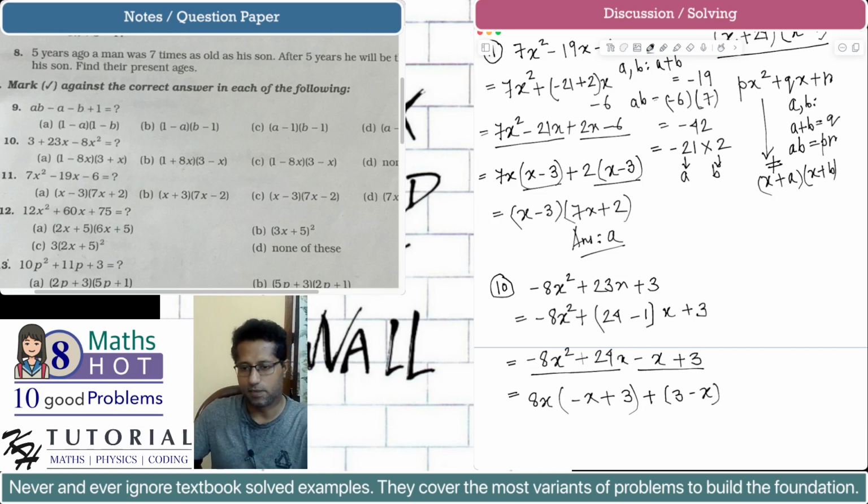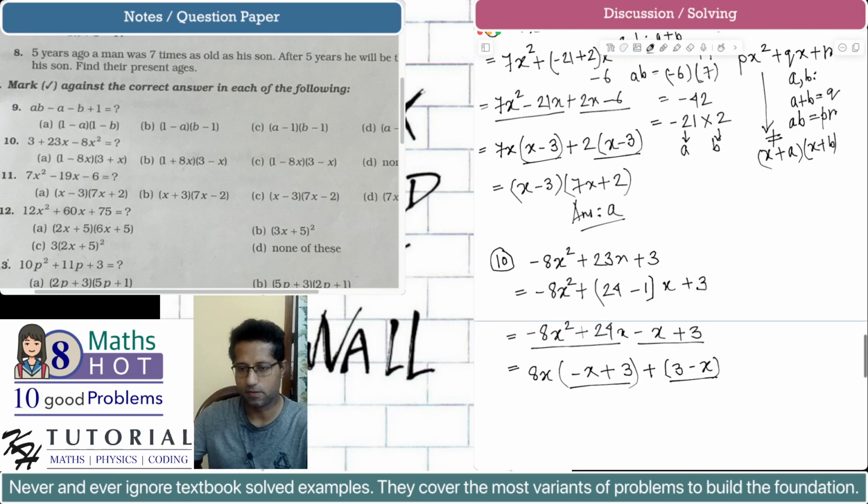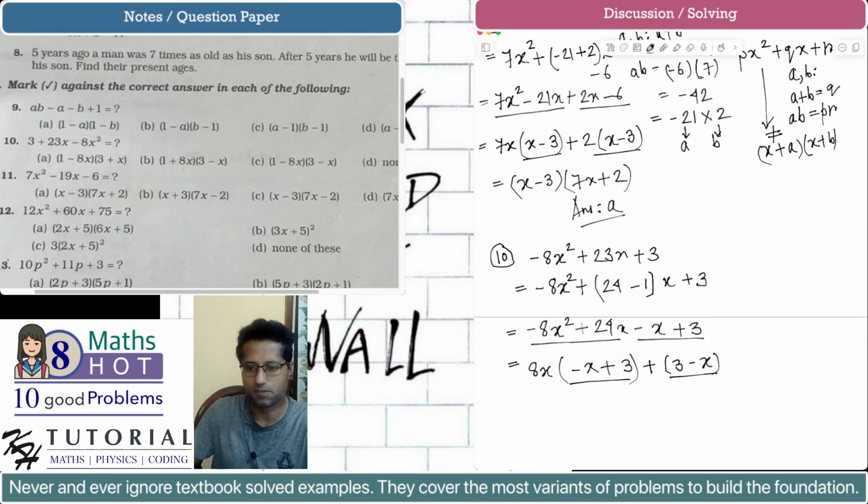Now we can see that minus x plus 3 and 3 minus x are basically the same thing. We have a common factor of 3 minus x in both the groups, and we will factor that common factor out, and the final factorization becomes 3 minus x multiplied by 8x plus 1.